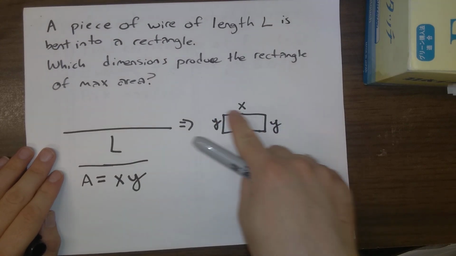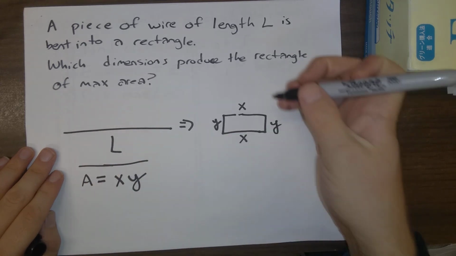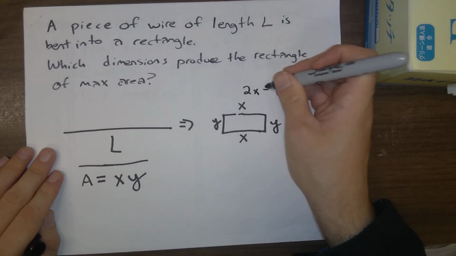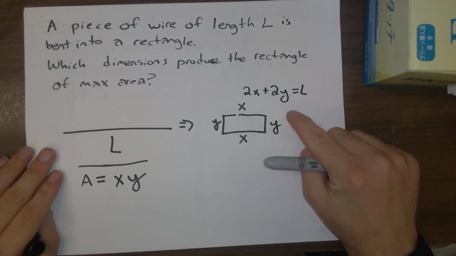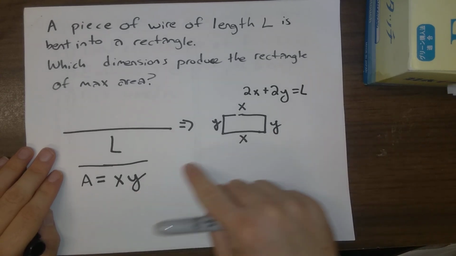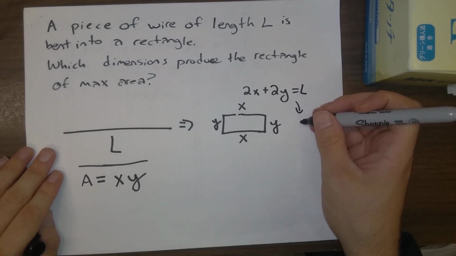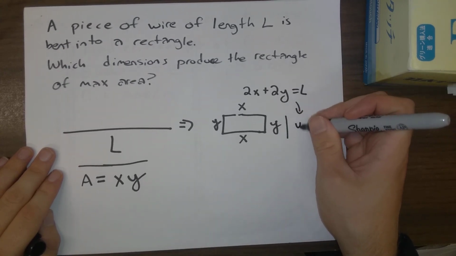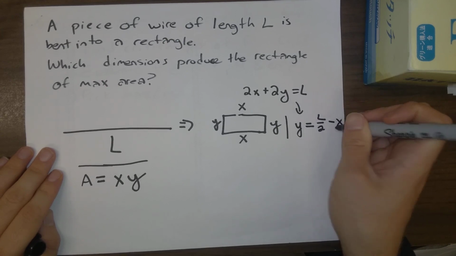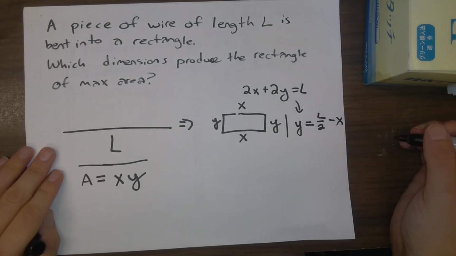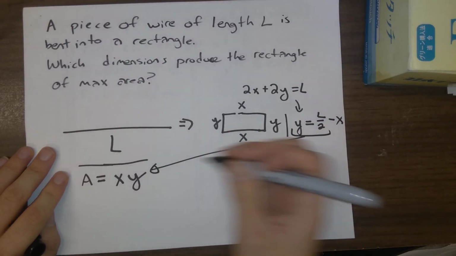So x plus y, that must equal the total length L. So that's 2x plus 2y is equal to L. We want to now solve for y in terms of x. We end up with y is equal to L over 2 minus x. So hooray, we can take this and substitute in here.